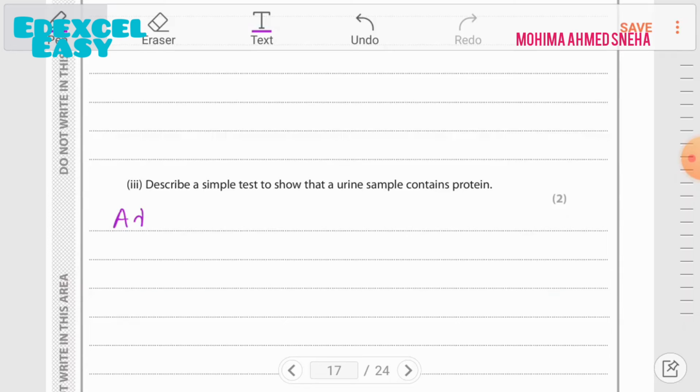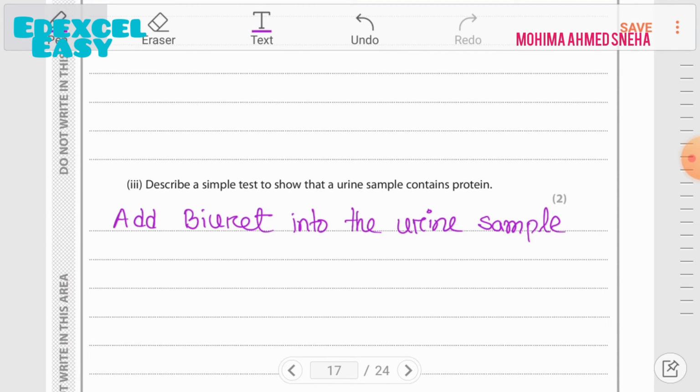So add biuret into the urine sample, and if it turns purple, then protein is present.